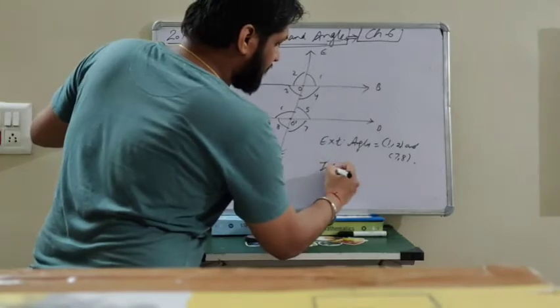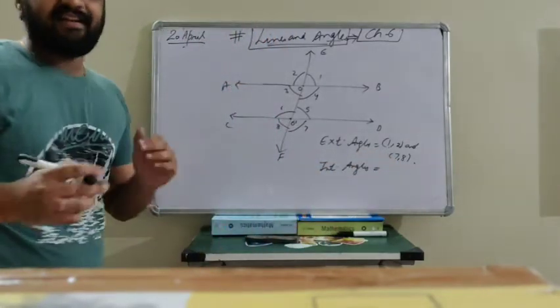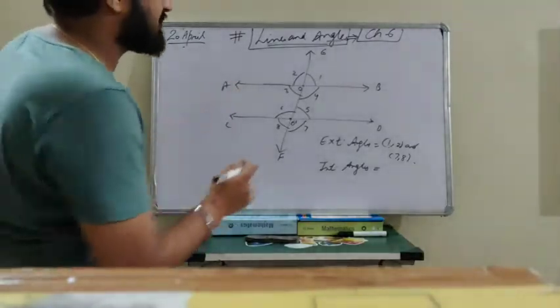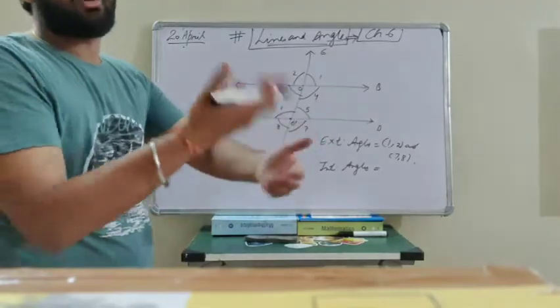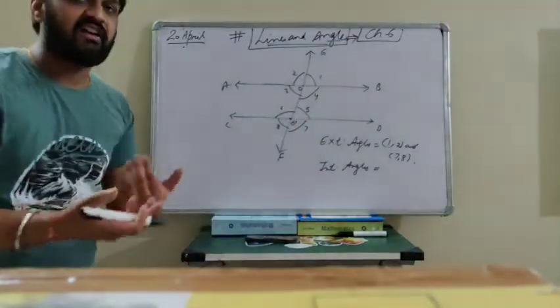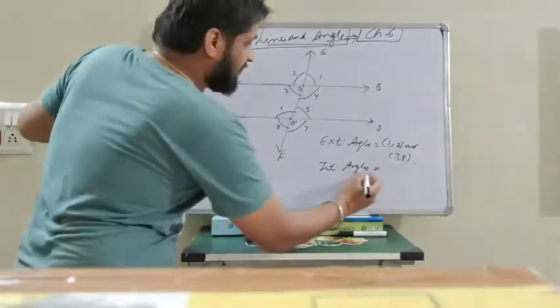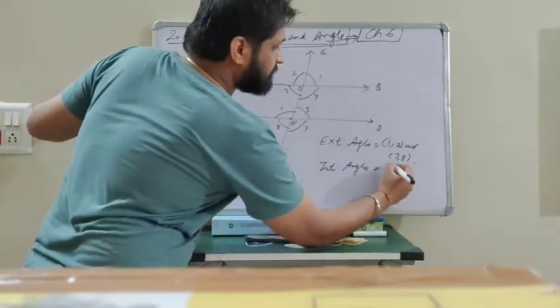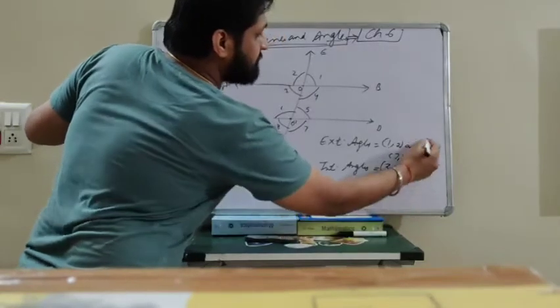Similarly, the interior angles. The interior angles are 3, 4, and 5, 6, which are interior of the lines, you can say. So here interior angles are 3, 4, and 5, 6.